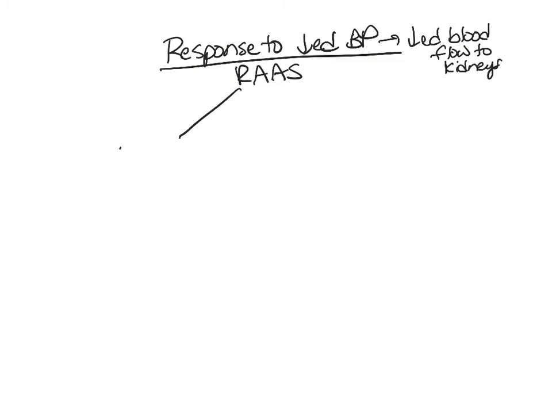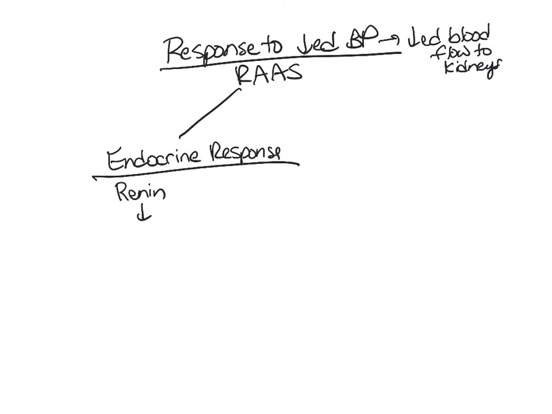So we get this endocrine response with the RAAS. And that's where renin stimulates the process of activating angiotensin II. And that leads to an increase in blood flow to the kidneys.